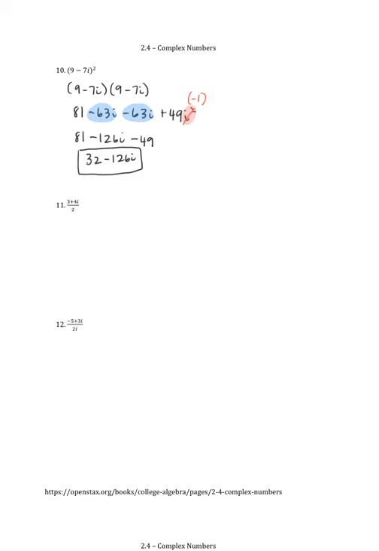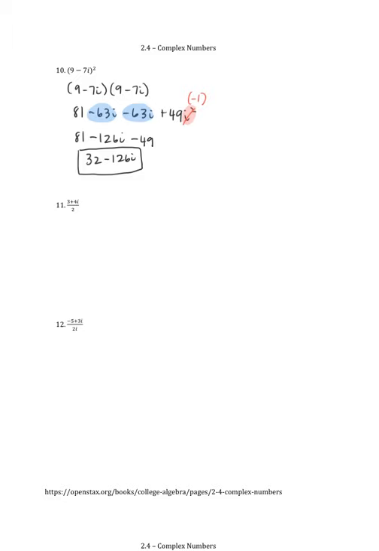If you remember from chapter 1 in one of the prerequisite sections, we talked about rationalizing the denominator, that we could not leave a square root in the denominator of a fraction. So remember that an i stands for a square root, right? i is the square root of negative 1. So we cannot leave an i in the denominator. That's going to be the case for number 12. Okay, so let's go back and look at number 11. I just wanted to point that out, the difference.